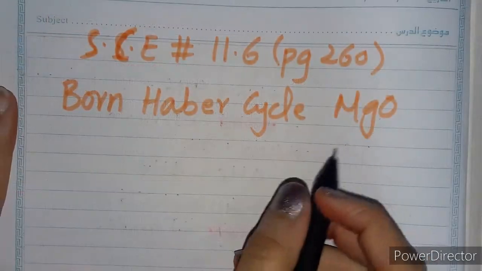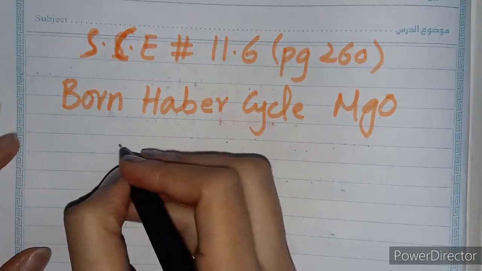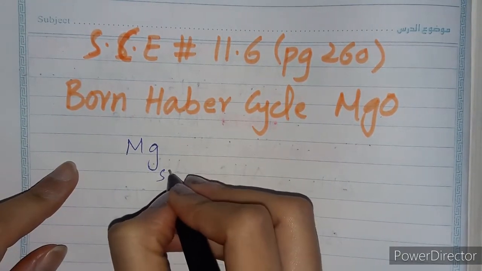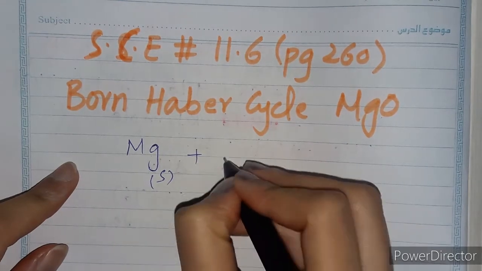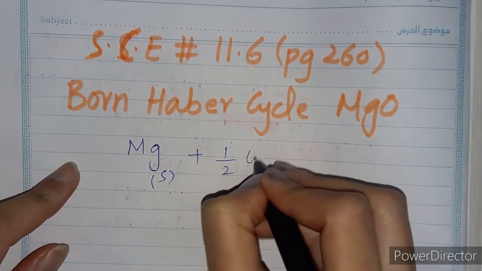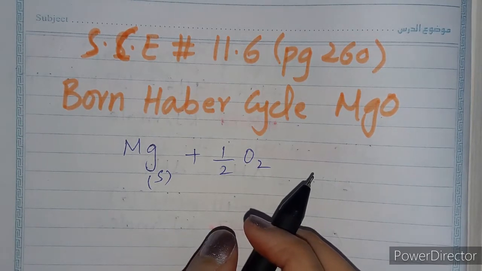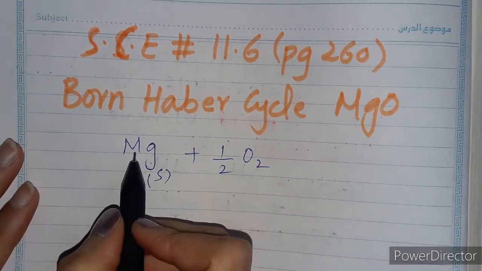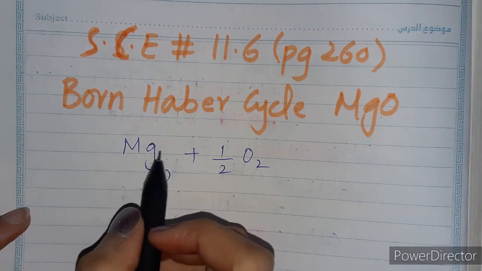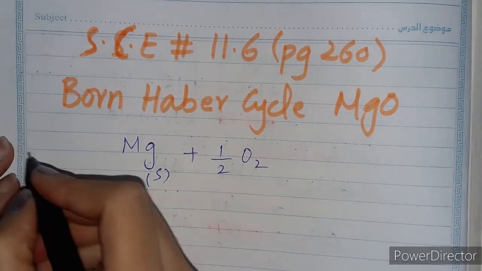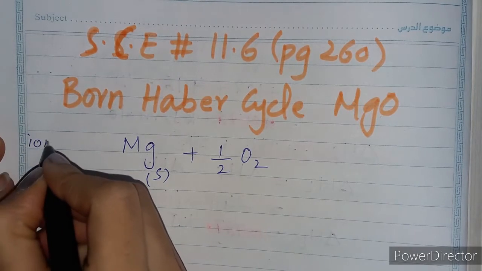Born-Haber cycle for MgO. First of all, we have to write the reaction: Mg in the form of solid plus half O2. Same as we learned the Born-Haber cycle for NaCl, this is an ionic compound.